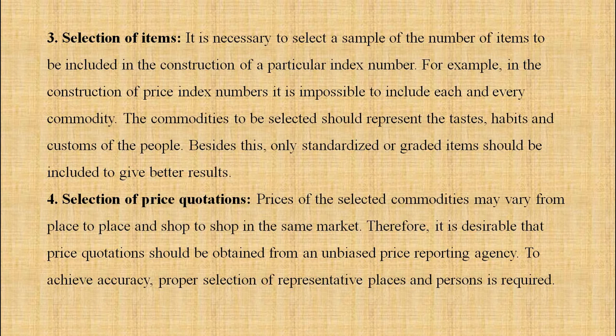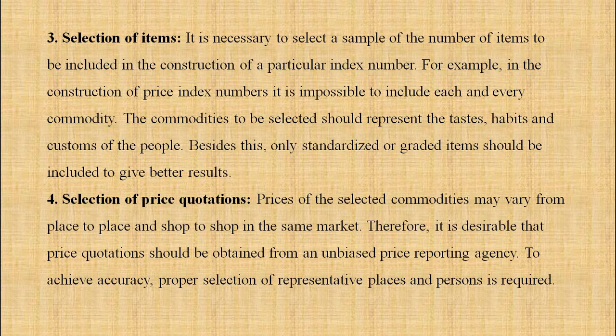The commodities to be selected should represent the tastes, habits and customs of the people. Besides this, only standardized or graded items should be included to give better results. That means we have to do selection of items. That is very, very important.